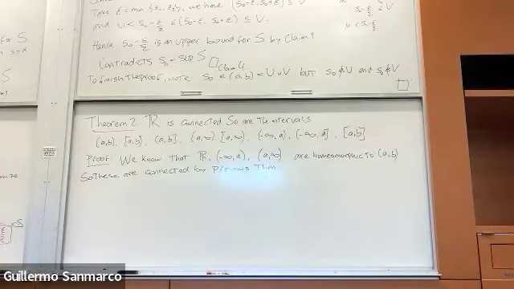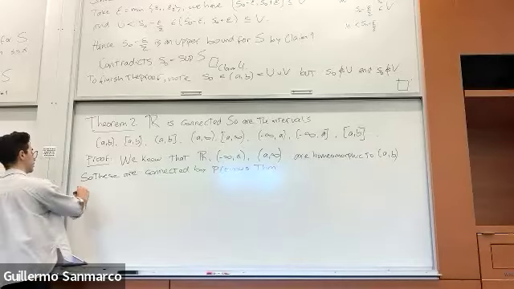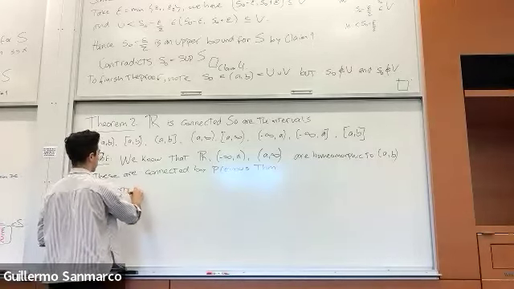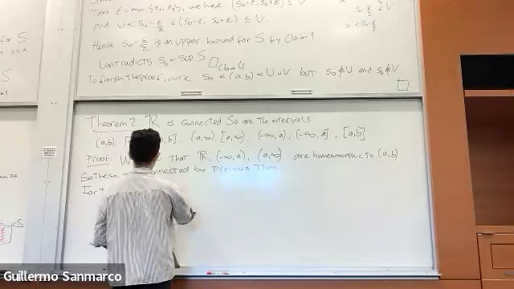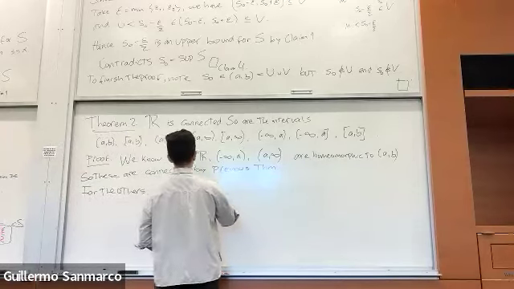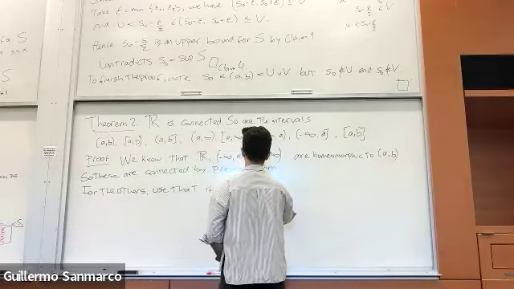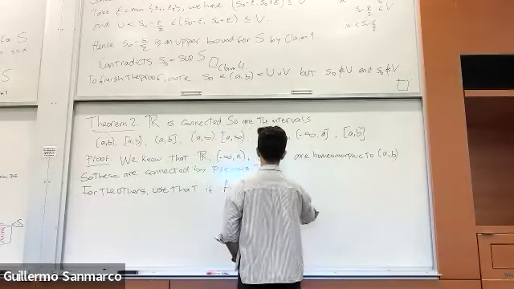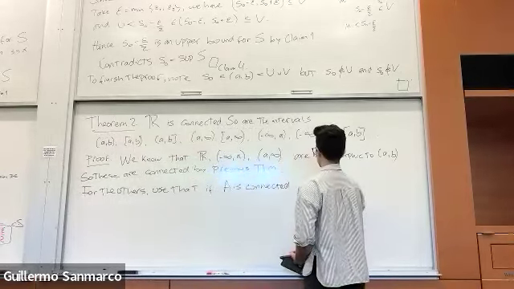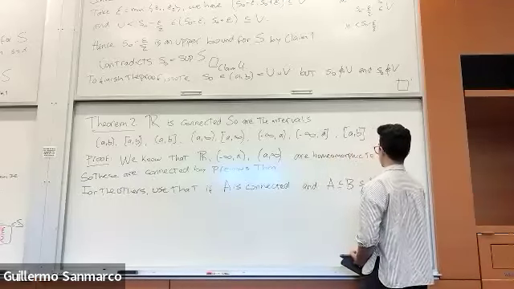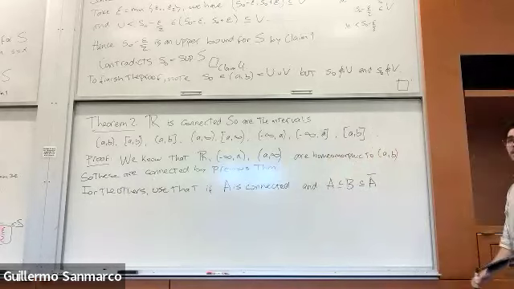And for all the others, the only thing that we're doing is adding some cluster points, some limit points, to some of these sets. So for the others, just use that if you have something connected, and you add some limit points, so that means something between A and its closure, then B is connected.